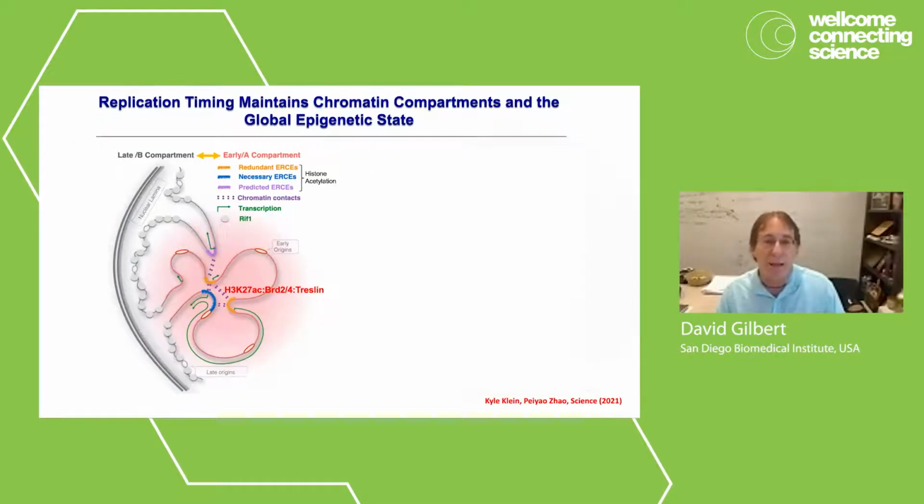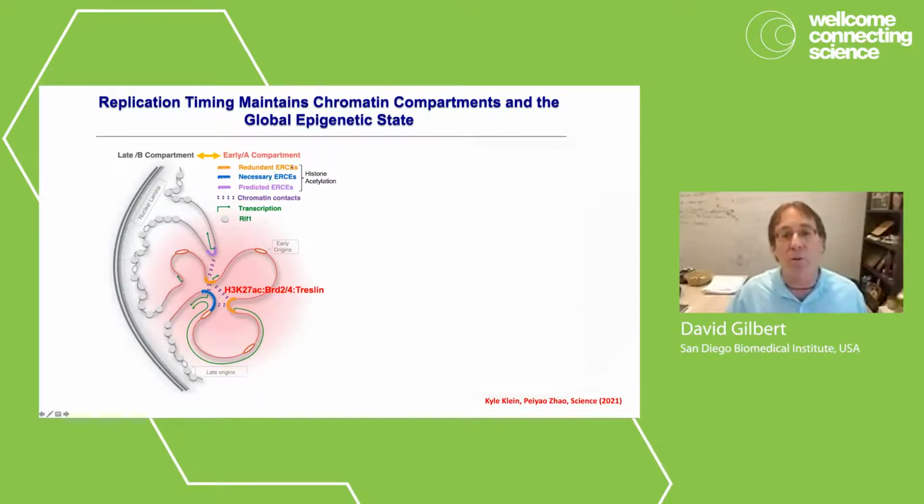So in this slide, what I've summarized on the left is a lot of work that I didn't have time to tell you about, but basically this is our thinking about how replication timing is regulated, in 2021 anyhow. This is partly speculative, but a couple of years ago we identified for the first time cis elements that regulate replication timing and regulate early replication, or causally direct sequences to domains to replicate early.